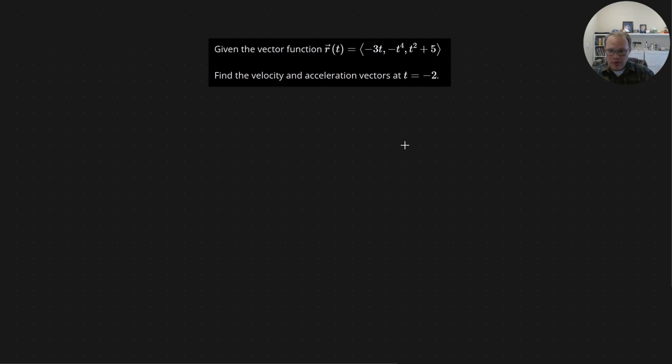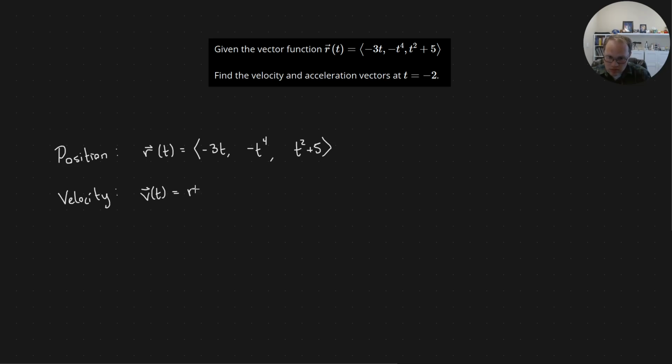So simple enough. Our position function is r of t. That's given to us. That's negative 3t, negative t to the fourth, t squared plus 5. To find our velocity, we just take the derivative of that. The derivative is negative 3, negative 4t cubed, 2t.